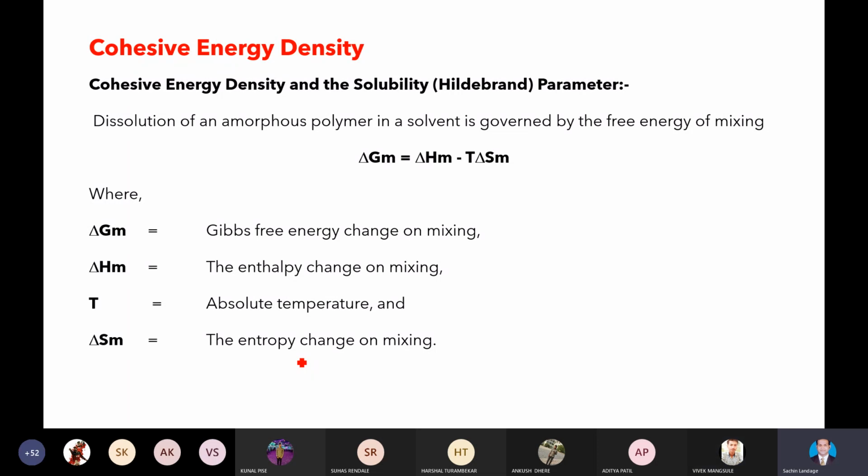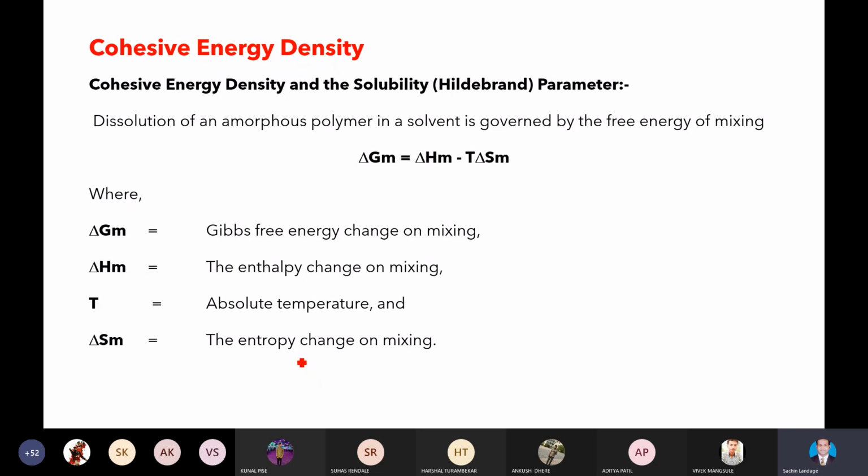It is a change in energy. So enthalpy refers to the total heat content of the system. That is nothing but the enthalpy.